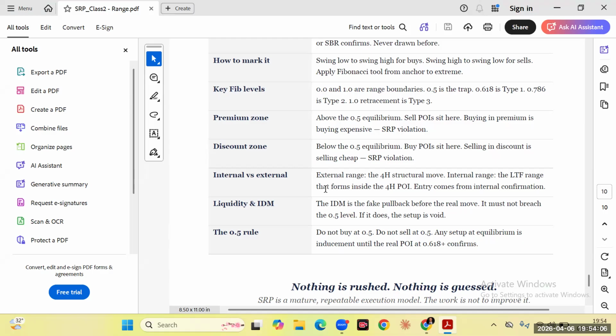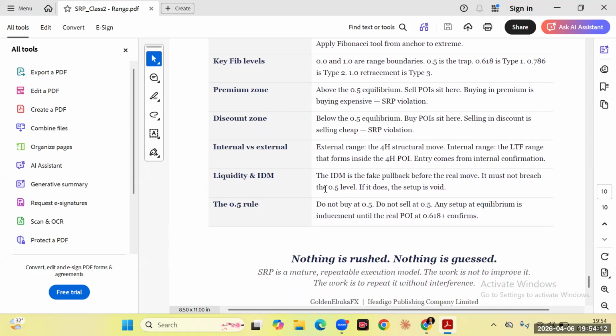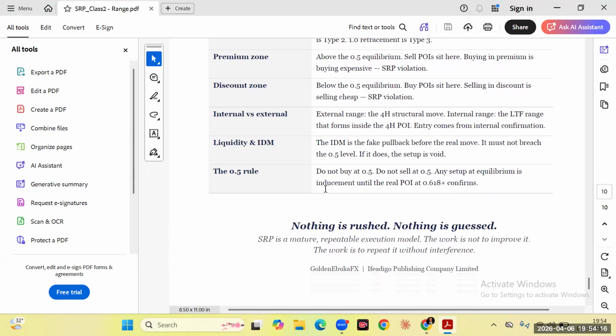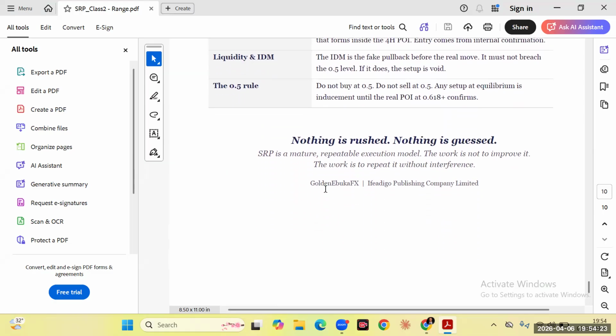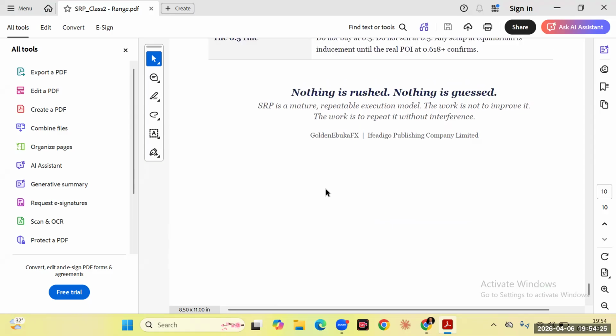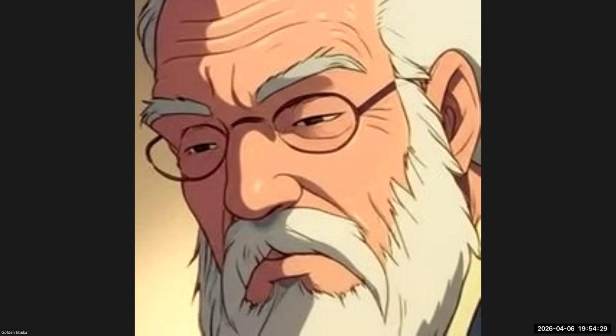Internal range: the lower time frame range that forms inside the 4 hour POI. And that is where you enter. You get your precise entry from there. The IDM, the fake pullback before the move. So do not buy, do not trade at 0.5. So basically that is it.